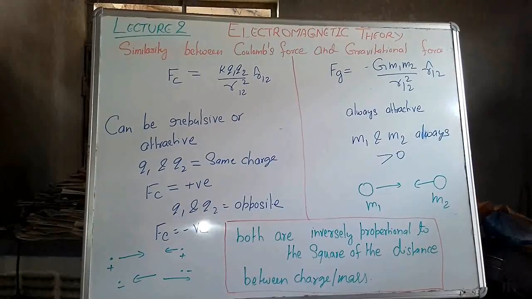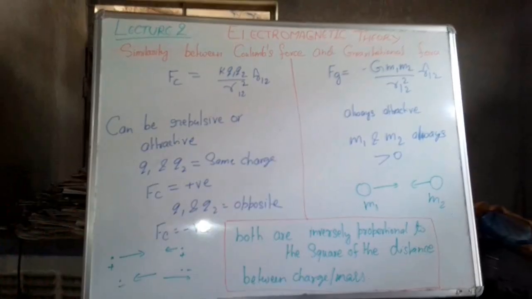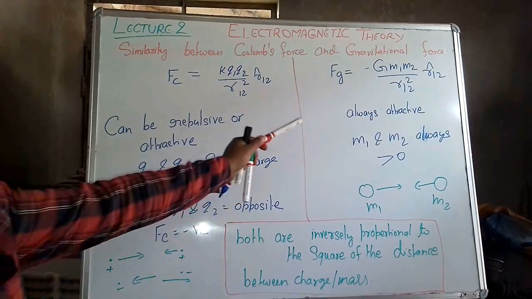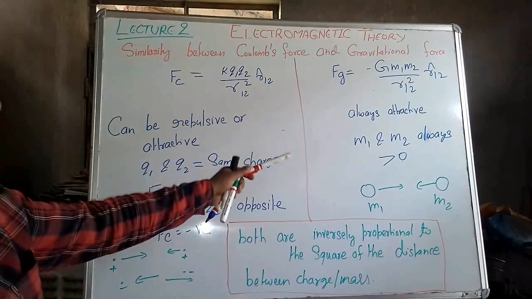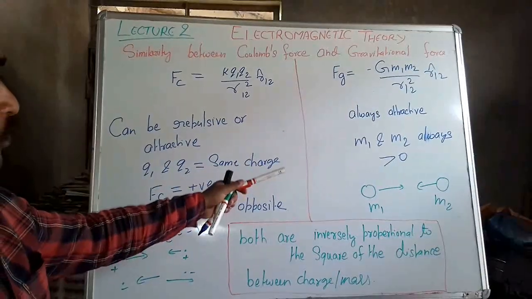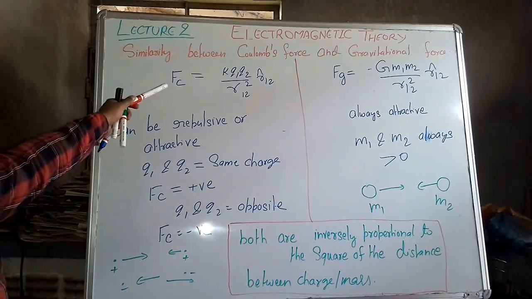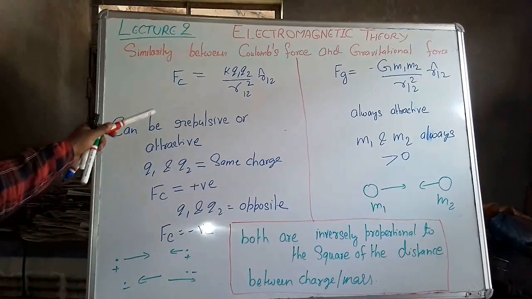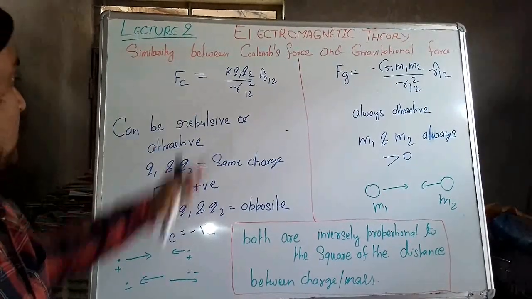But here is the point. Gravitational force is always attractive and mass is always greater than 0. It means gravitational force always pulls masses together, but Coulomb force can be attractive or repulsive depending on the nature of the charges.